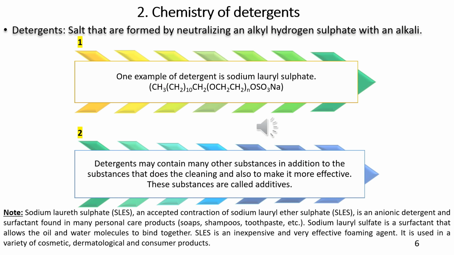So you have seen that when you use detergent, soaps, shampoos and toothpaste, a foam is produced. So mostly in these types of products, the foaming agent which is used is sodium lauryl sulfate. So what is the chemistry of sodium lauryl sulfate, or how does sodium lauryl sulfate work?